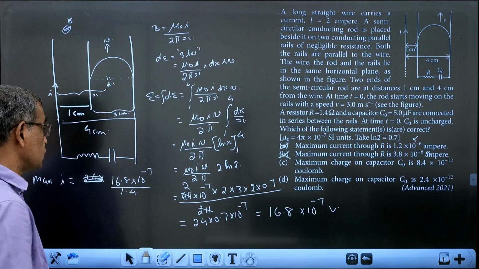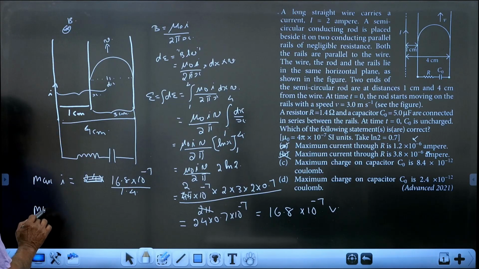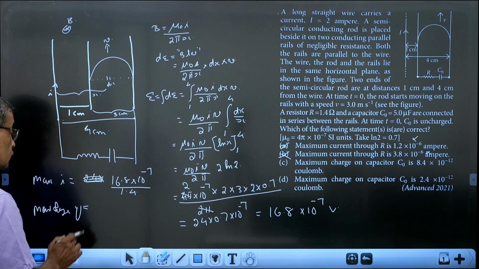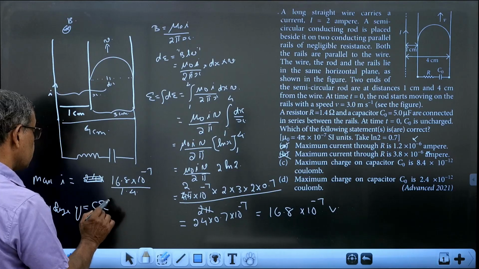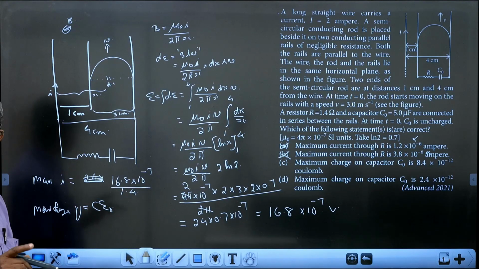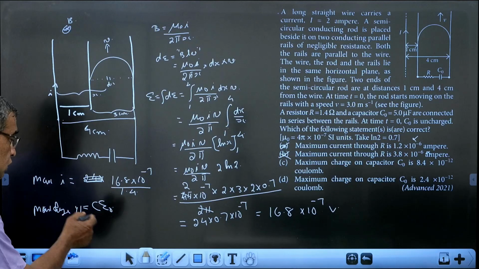When it is fully charged, the maximum charge is given by Q is equal to C times EMF. It will take its own time, and when it fully charges, the maximum charge is equal to C times the EMF.